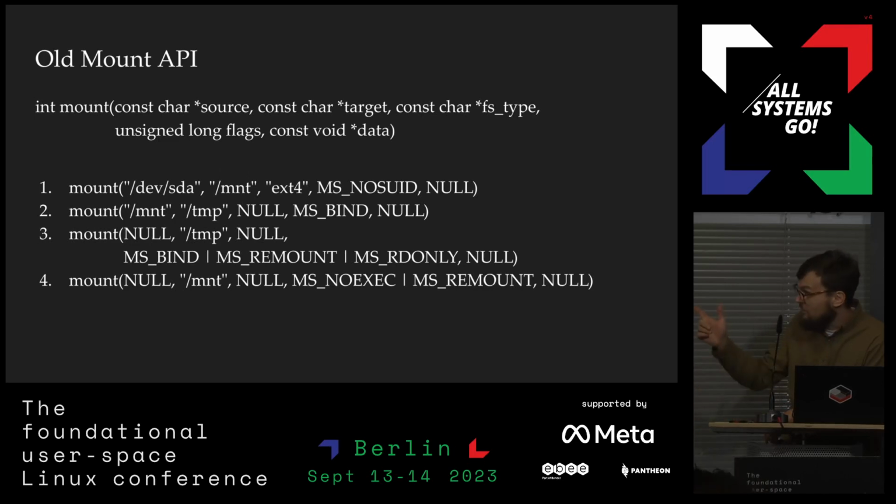The second one creates a bind mount, which is a totally different operation because the file system already exists. The third one changes the mount property of a single mount. And the fourth one changes the mount property of the Superblock itself. So there's a lot of different stuff going on, very lumped together.